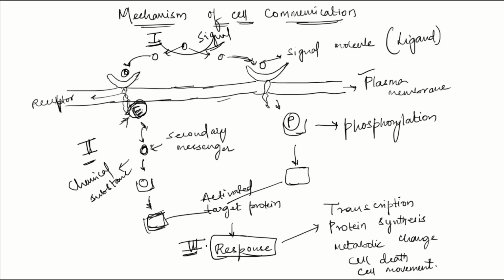What we require from the stimulation is that the cell signaling has to be done now. This molecule has entered and bound to the receptor to produce a signal. Before producing a signal there are various steps. For example, if there is a signal for contraction, calcium influx will occur.